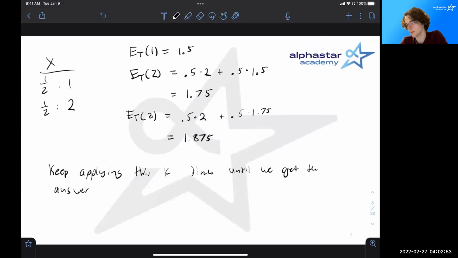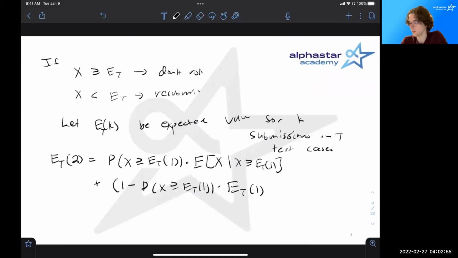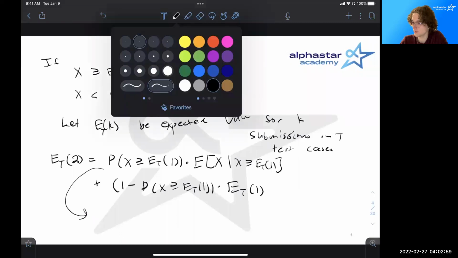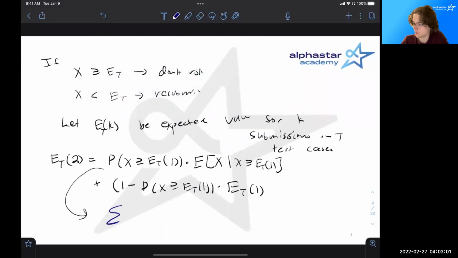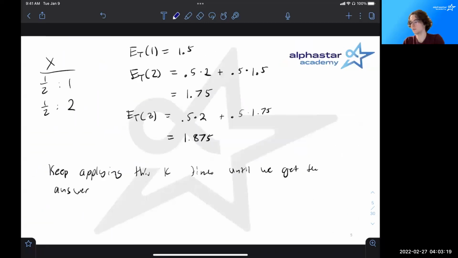Another way you can write this part is as the sum of x times P of x equals x, for x greater than or equal to E_T of 1.